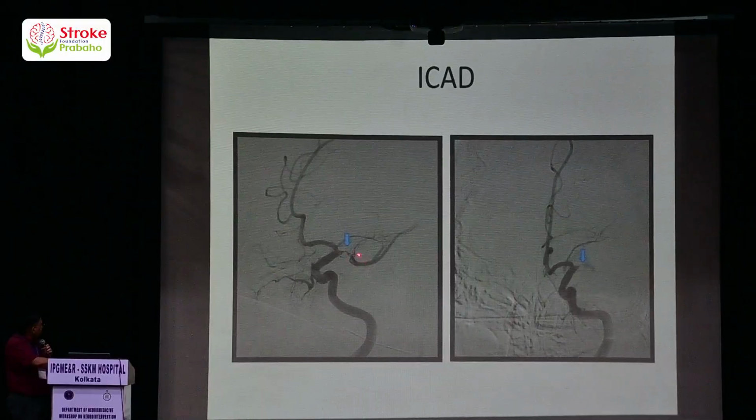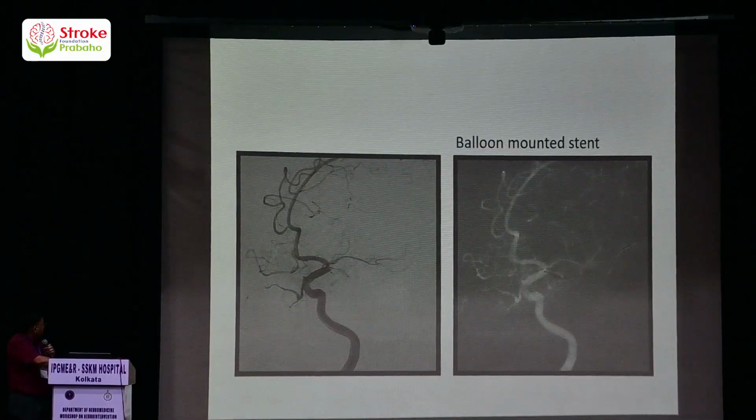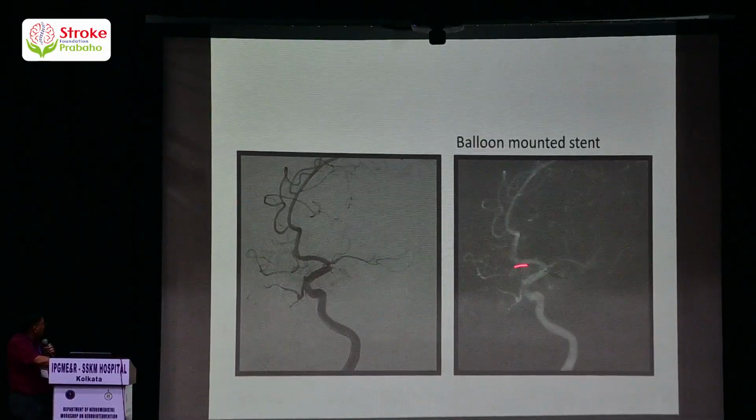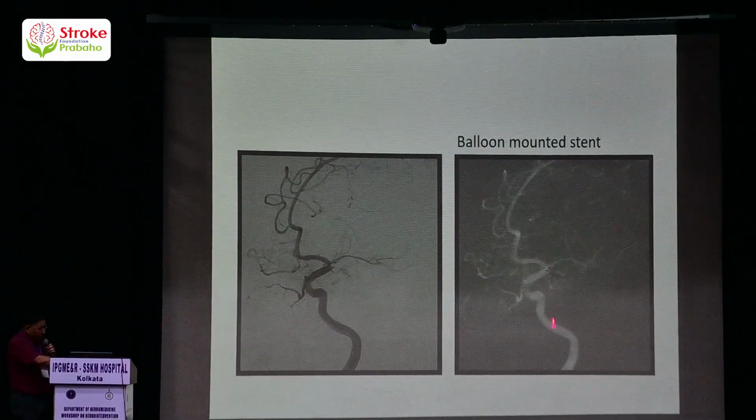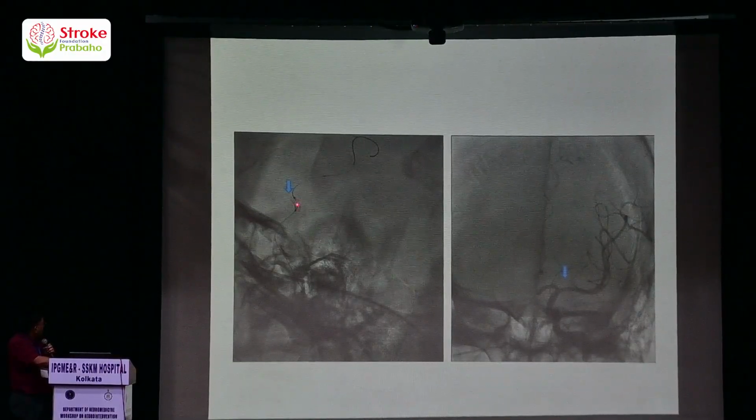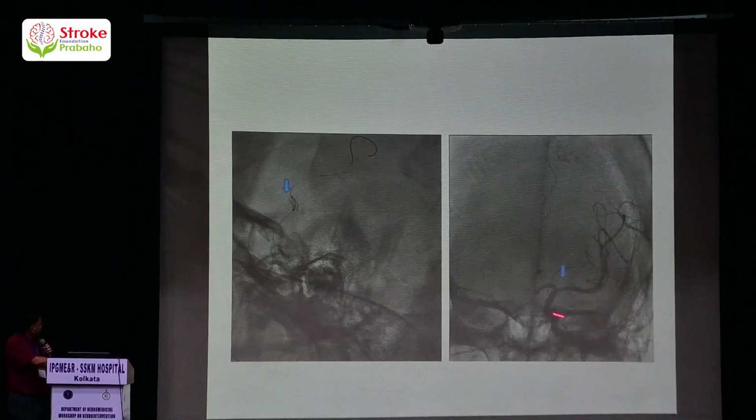Again we can see a very severe narrowing here. So in this case we have to do rescue stenting. First we place the balloon-mounted stent here. This is the stent, and then the artery becomes almost normal. So rescue stenting is very helpful when there is intracranial atherosclerotic disease.